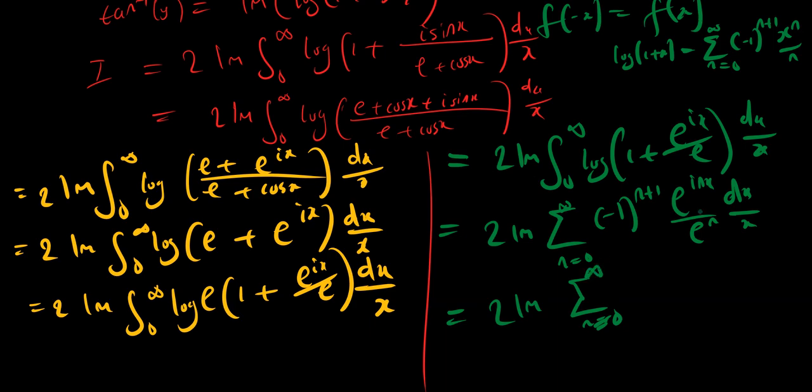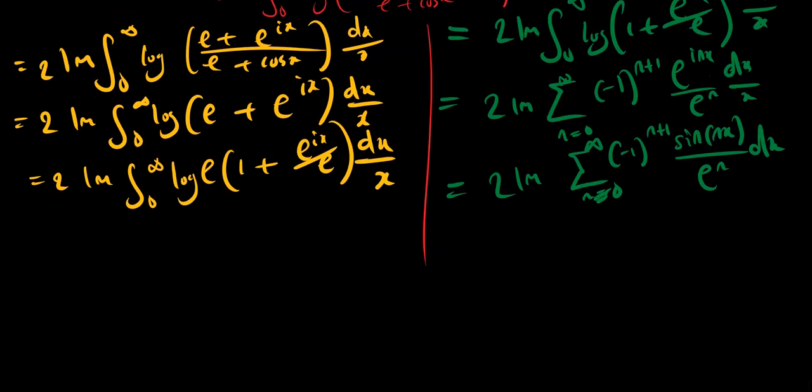Now here we could write this as cosine of nx plus i sine of nx, but the cosine part is the real part, so we're going to write this as (-1)^(n+1) sine of nx all divided by e^n dx. Okay, so let's go down and continue.